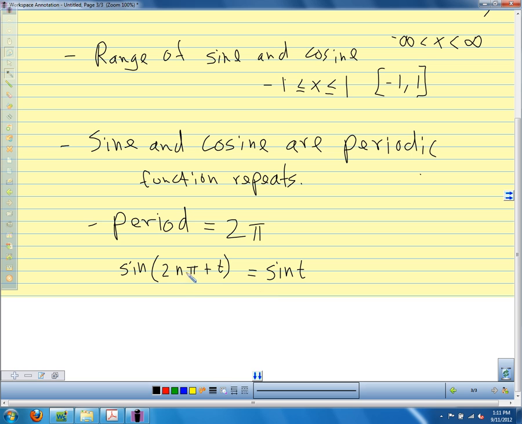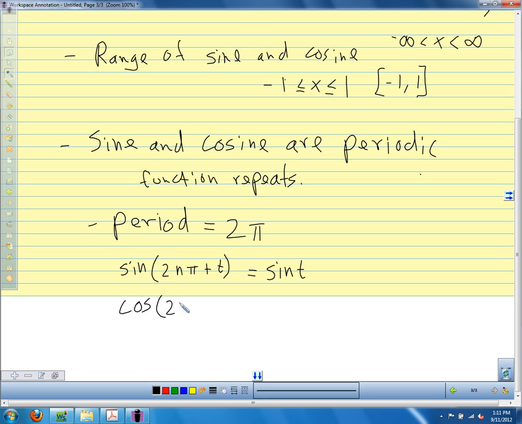So any multiple of 2 pi that I add to my angle, I get the same number as if I just had the original angle. Adding a multiple of 2 pi is just like going around the circle an extra time, so I go around the circle to the same place, and the 2n pi makes sure I go around the whole time. And I can say the same thing for the cosine.